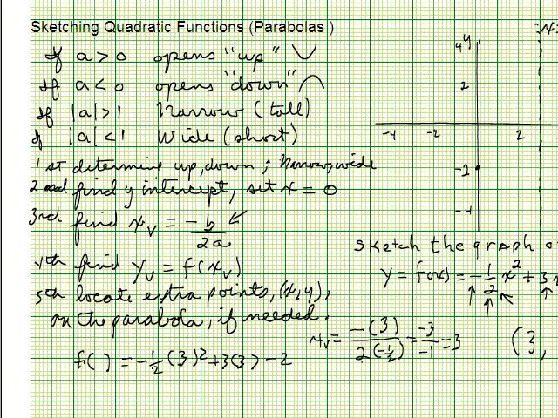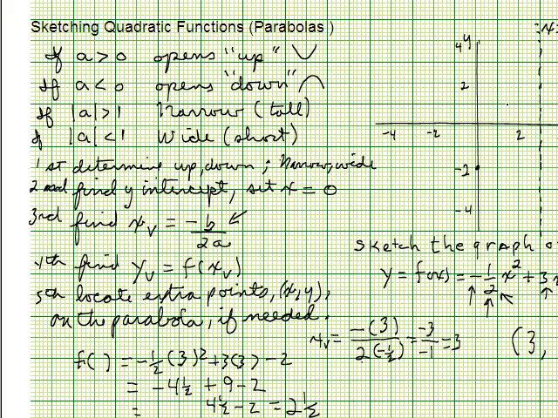So this first one is negative a half times 9. Half of 9 is 4.5, so that's going to be negative 4.5. Plus 3 times 3 is plus 9, minus 2. Negative 4.5 and 9 is 4.5. Minus 2 is 2.5.